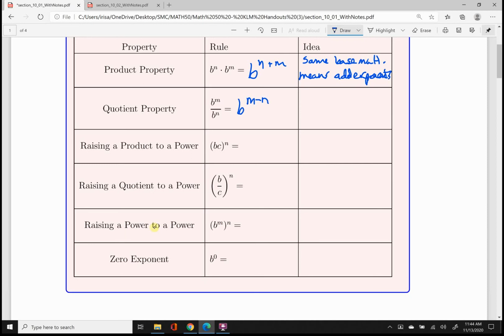So same base divide means subtract exponents. This will be our one-liner idea. So same base divided means subtract exponents.